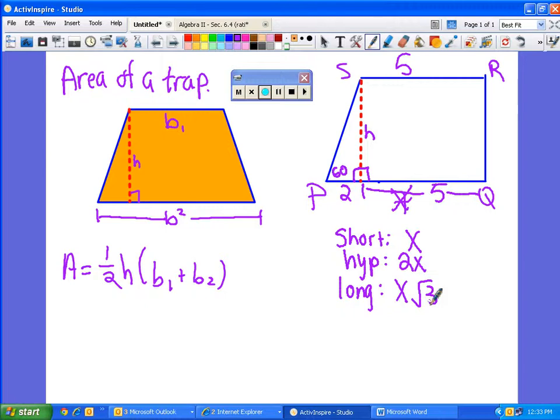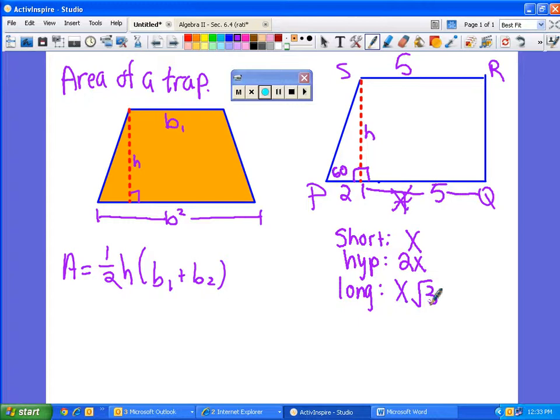I don't think so. You still have to know the height. You can't know the area of the triangle without knowing the height, because the triangle is 1/2 base times height. And you need the height for the rectangle as well.